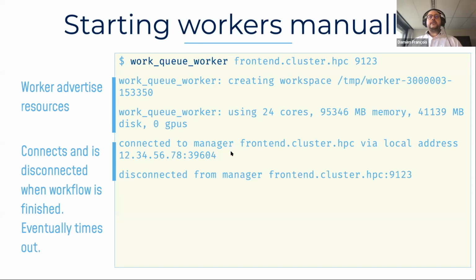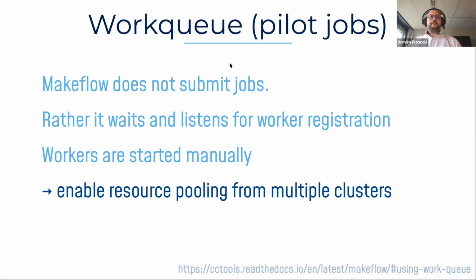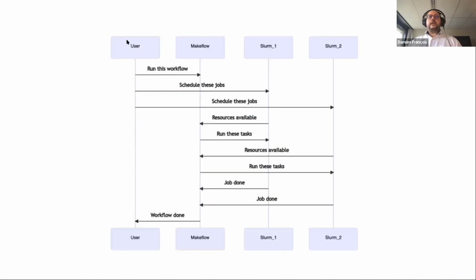So this Work Queue system, also called pilot jobs in some other tools, actually enables resource pooling from multiple clusters. As long as you have a machine where Makeflow can run and can listen for connections, you can have a situation like this, where the user starts Makeflow on some computer and then submits jobs to one cluster and also to another cluster, for instance.